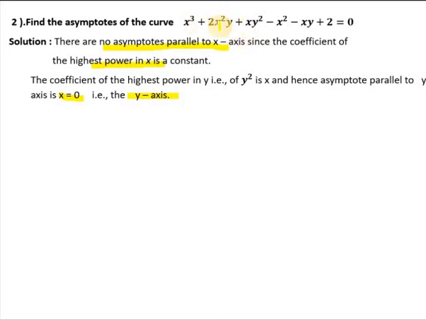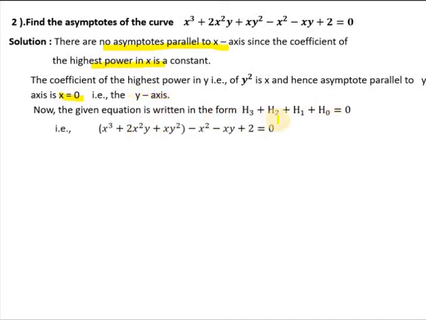Let us find them by rewriting this equation as h3 plus h2 plus h1 plus h0. By arranging the third degree terms of this equation, we get x cube plus 2x square y plus xy square as the first group, minus the second degree terms, that is y square minus xy, and there is no first degree term, so the constant h0 is 2.